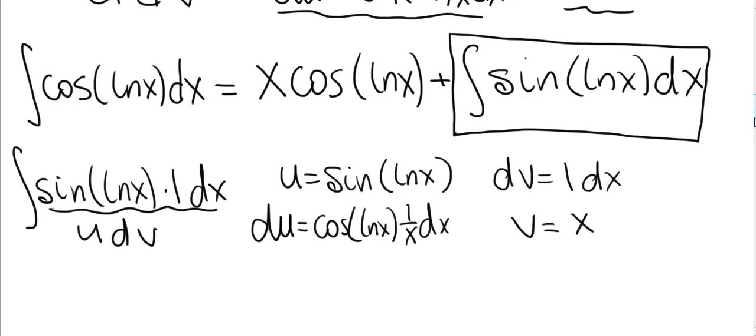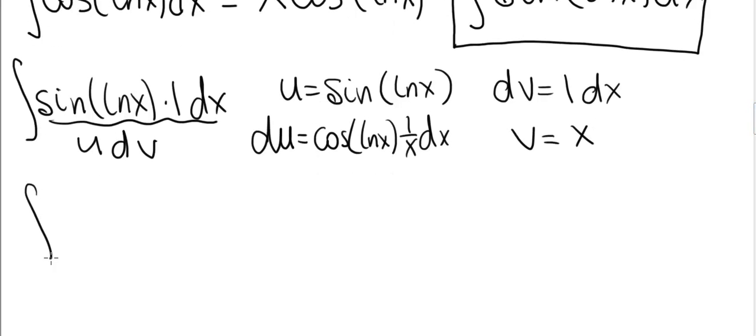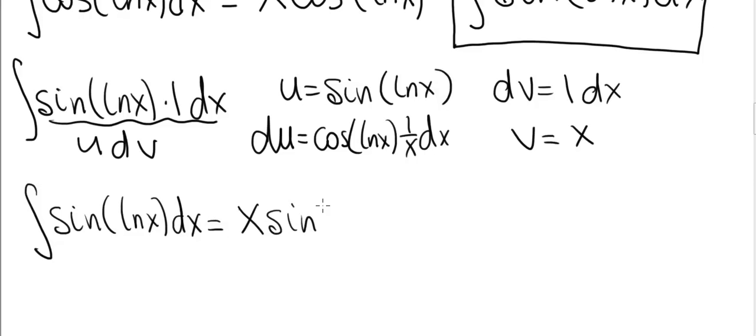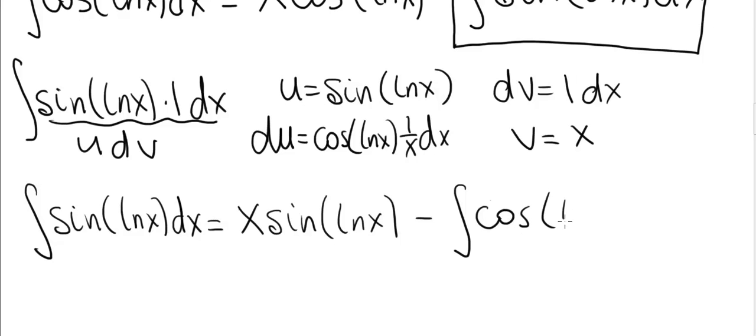So let's write this up. The integral of sine of ln of x dx is equal to u times v, x times the sine of ln of x, minus the integral of v du. This time there is no minus in front of the cosine. 1 over x and x cancel, so this is cosine ln of x dx.